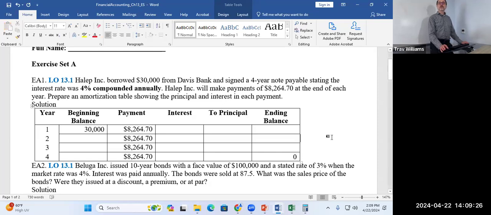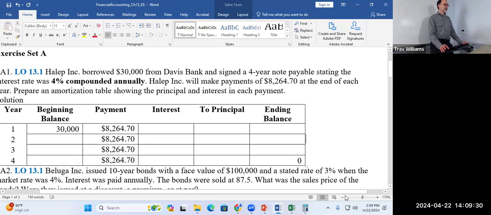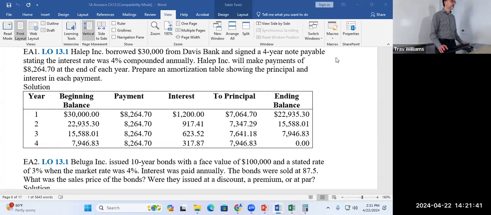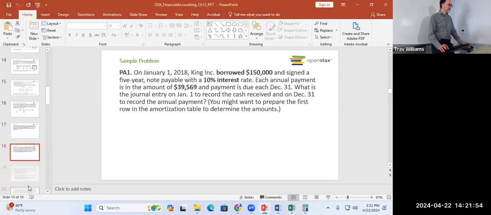Any questions on what you need to do here? Okay, well, good luck, everybody. Okay. So any questions on this exercise before we move on to the next part of the chapter? Okay. Well, let's see what's next then.